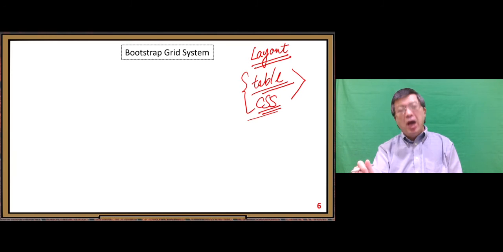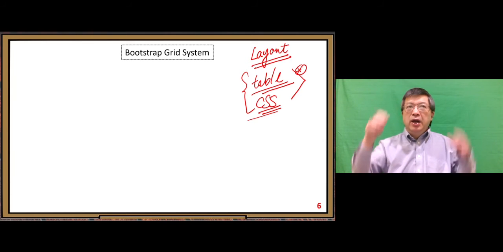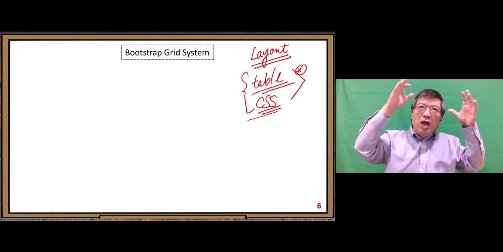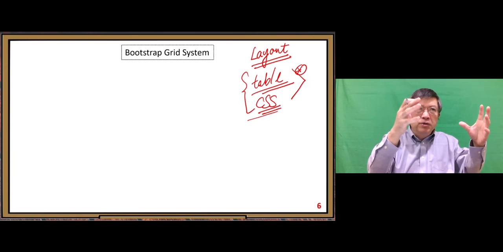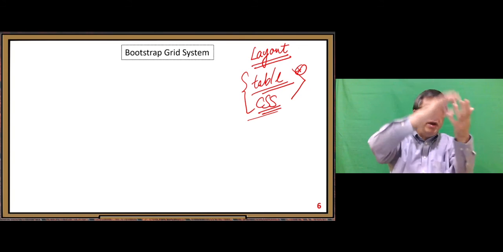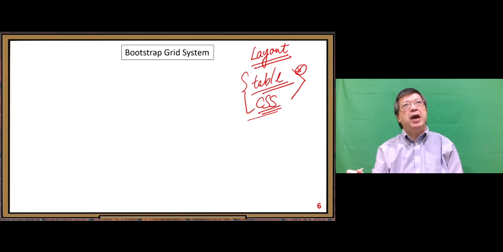The negative side of the table way is if people use table structure in a nested way, tables inside tables, many levels, then it's a nightmare. Too complicated, very hard to maintain. That's something we want to avoid.